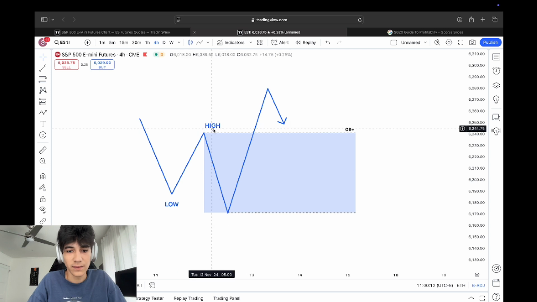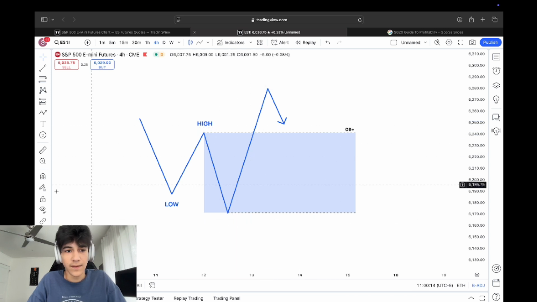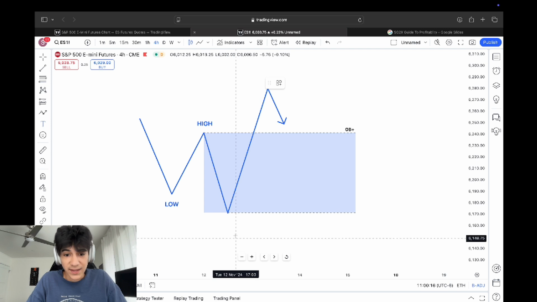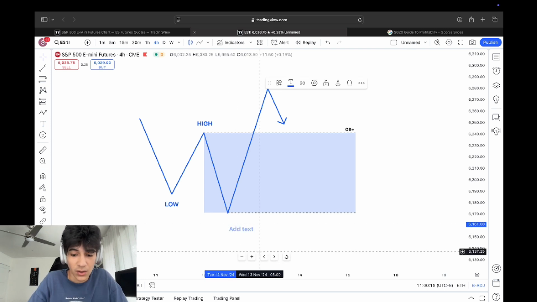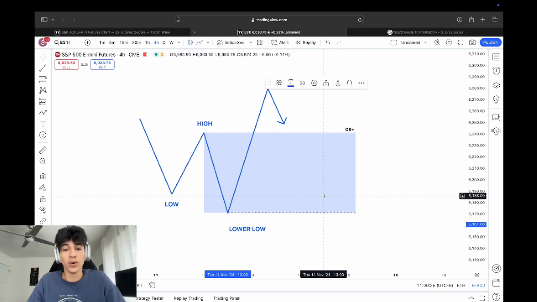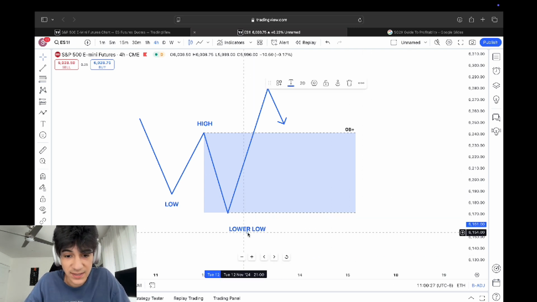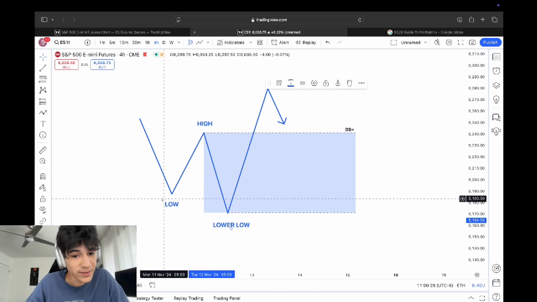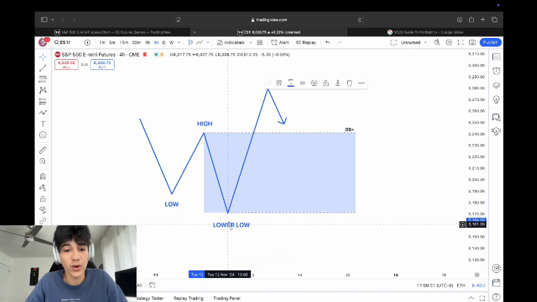We have a high. And next, we have a lower low, which basically means that this low is lower than this previous low.